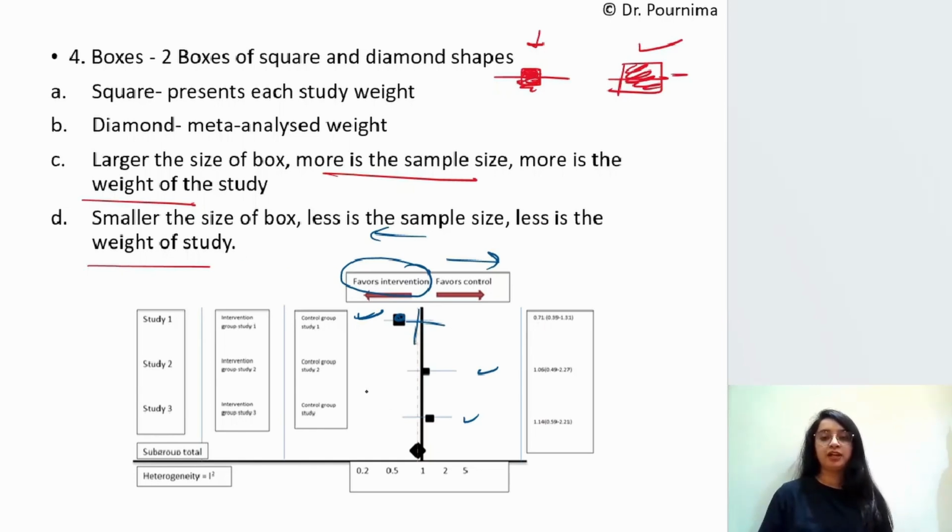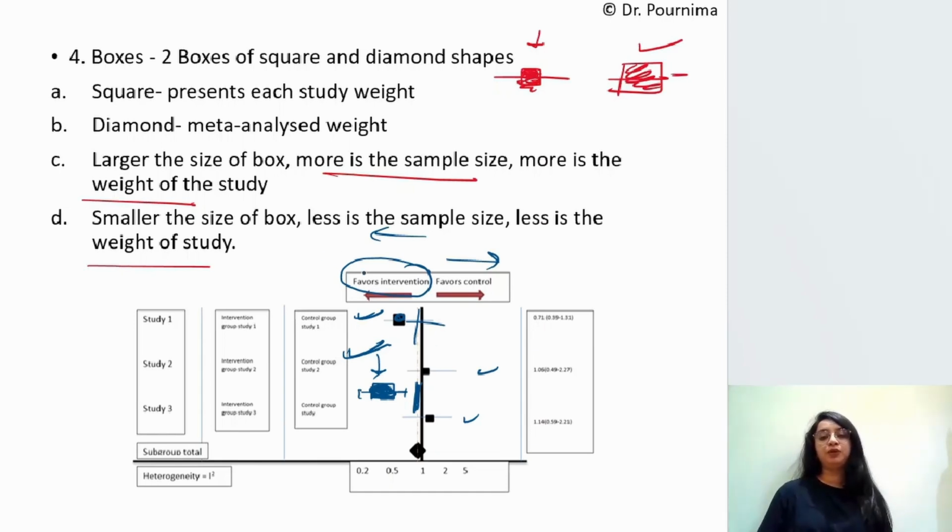Now suppose I have another study which is like this. This means that the confidence interval is short, the sample size is more, and it is completely in the territory favoring the intervention and not crossing this midline. So this is considered a significant study. That is, it is statistically significantly favoring the intervention. Whenever you are studying a paper or looking at journals, you should try and analyze this for yourself.